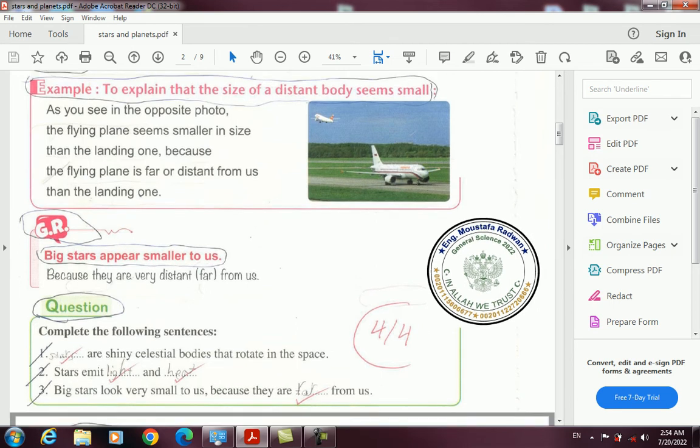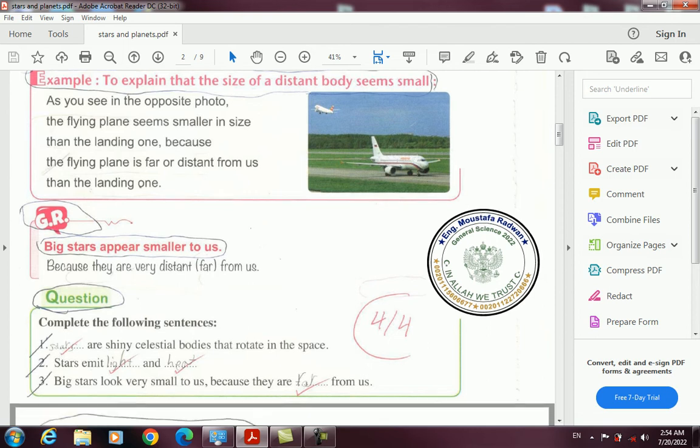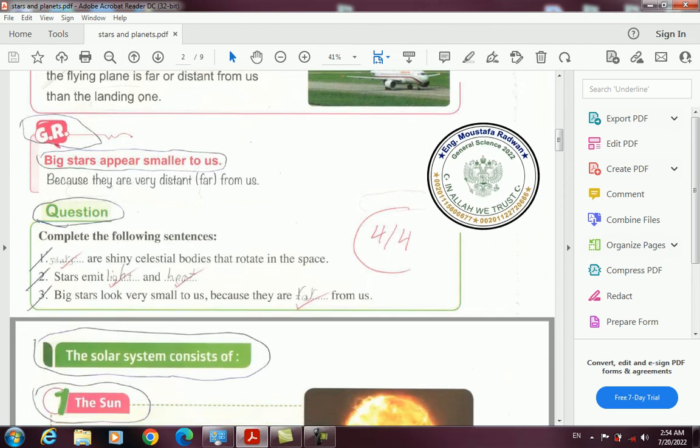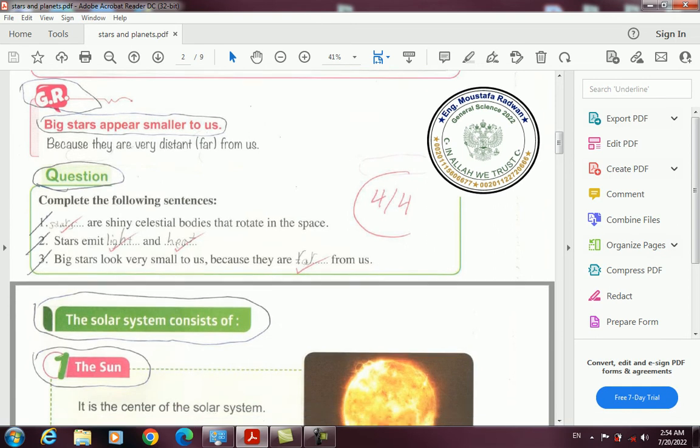The flying one became smaller, and the landing one, because it's still near to us, appears big, because the flying plane is more distant from us than the landing one. So we can give the reason why big stars appear smaller to us: because they are very distant or far from us.